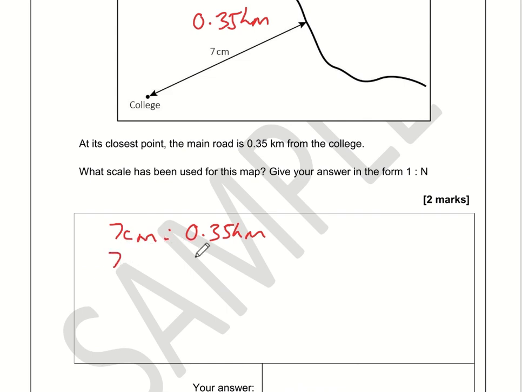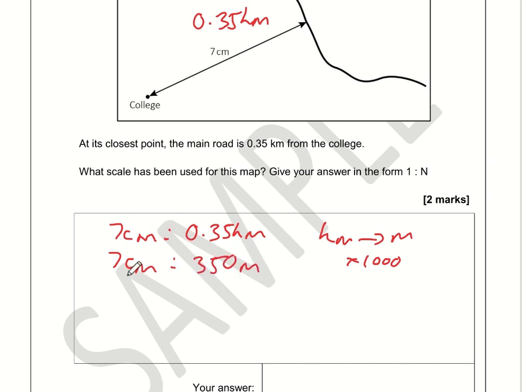You could either turn the centimetres into kilometres, but it's a lot easier turning the kilometres into centimetres. First of all, let's turn the kilometres into metres. To turn kilometres to metres, we are multiplying by 1,000 because there are 1,000 metres in a kilometre. 0.35 times 1,000 is 350.